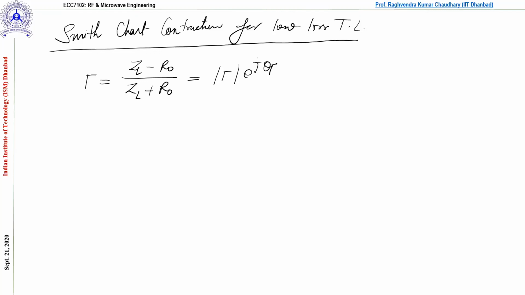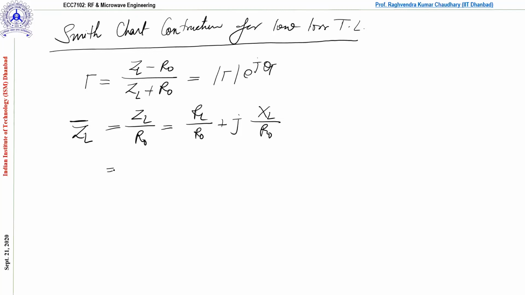So normalized load impedance, we can write like this: ZL bar. We are going to represent all the normalized values like this, with a bar over it. So ZL over R naught is equal to RL over R naught plus j XL over R naught. Fine.